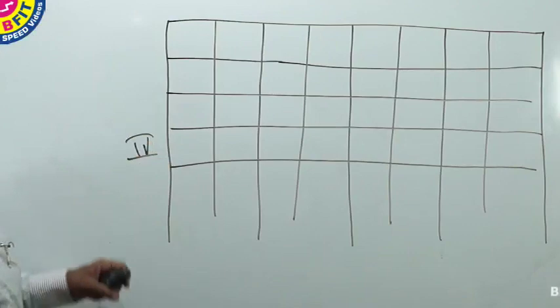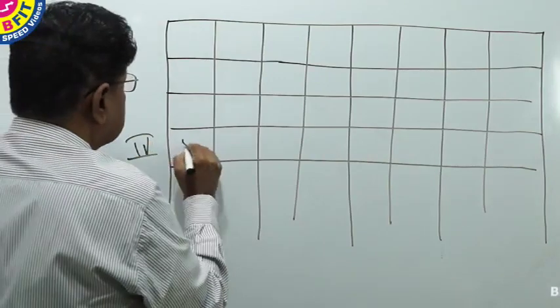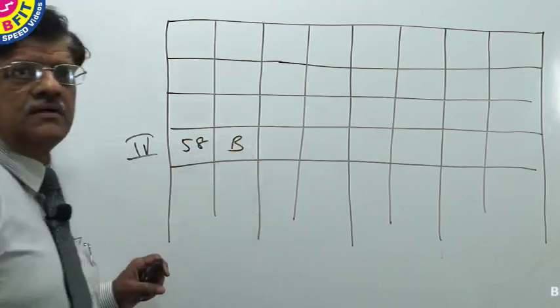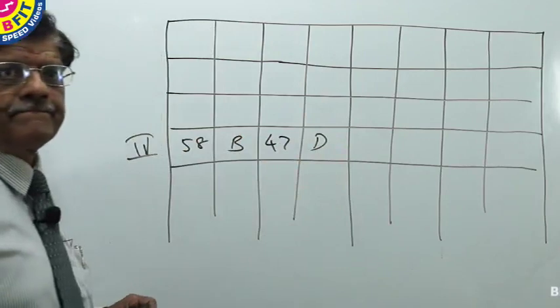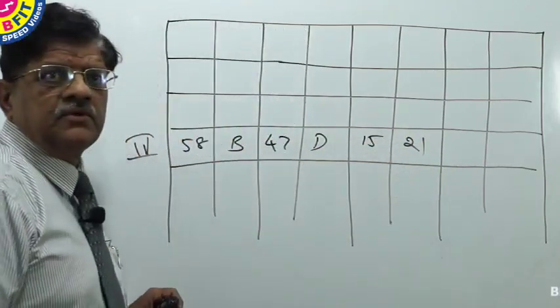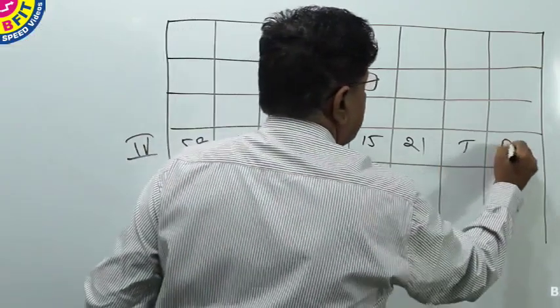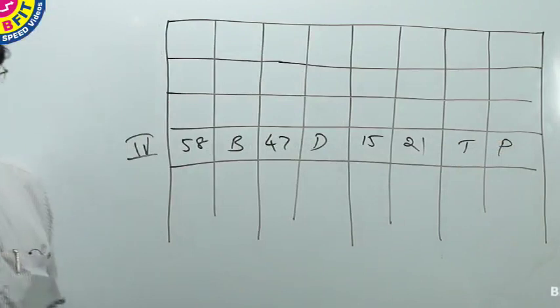Some inputs are given: 58 box, 47 due, 1521, T and P. What will be the last but one? Which step will be the last but one?